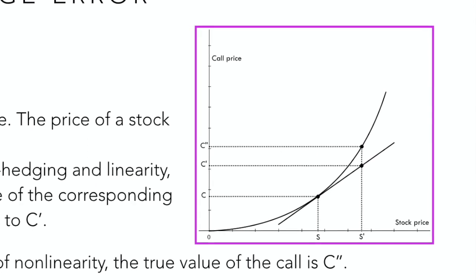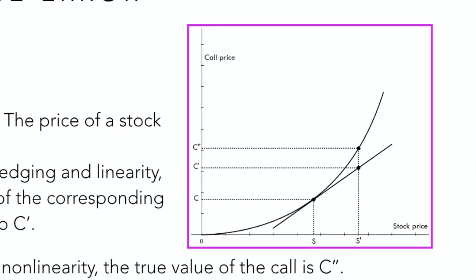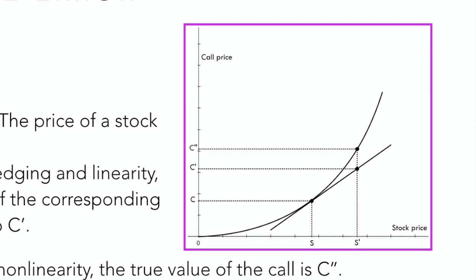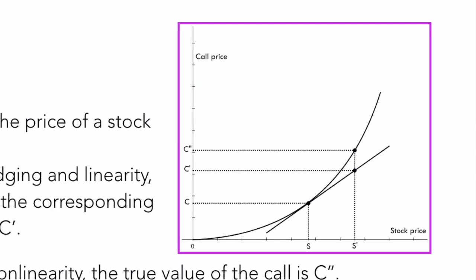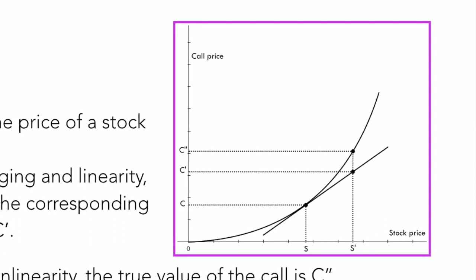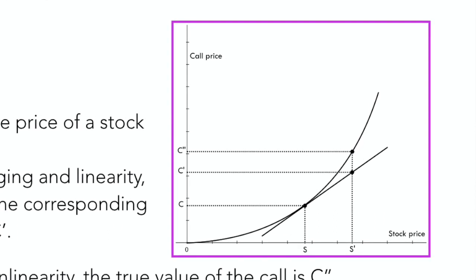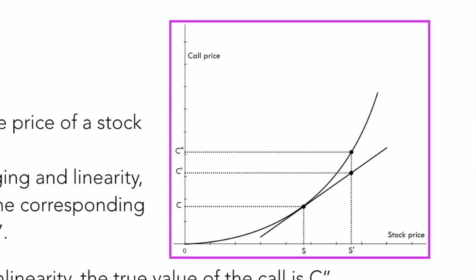But in reality, because of the convexity of the true relationship between the stock and the call, this is the true value. It's C2. And this is what we call the delta hedge error. That is the error that we make when we are ignoring the non-linearities in our portfolio.